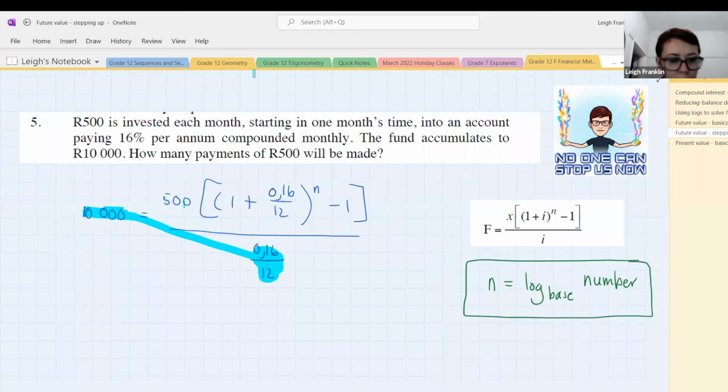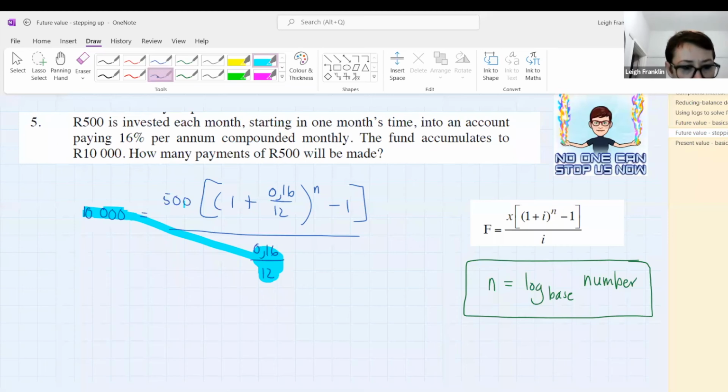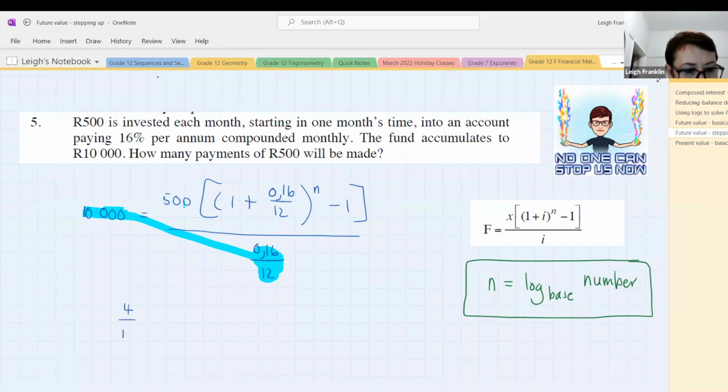I don't know about you guys, but I get 4 over 15 as my answer, and tell me if you agree with that. It is equal to 16 over 12 to the power of n minus 1.